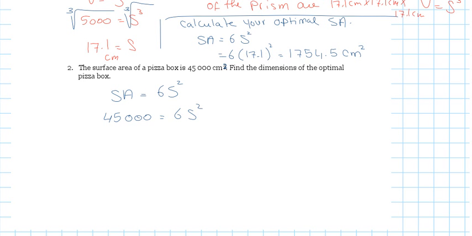What is that? 7,500. And then? Square root. And then what do you get? 19.6. That's 19.6 centimeters. Not big, no?